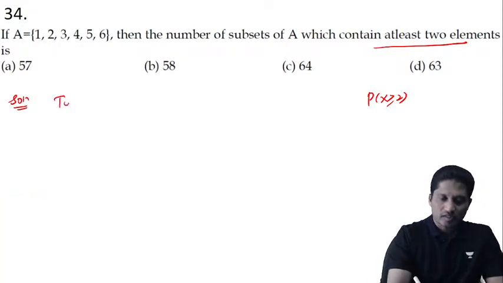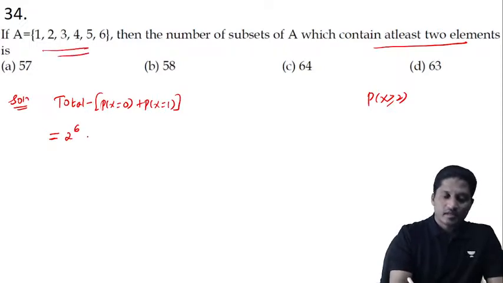I can take this as total minus 0 elements and 1 element. Total number of subsets is 2 power n, that is 2 power 6. This is total. 0 element means 6C0, 1 element means 6C1.